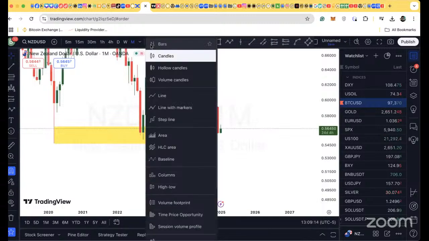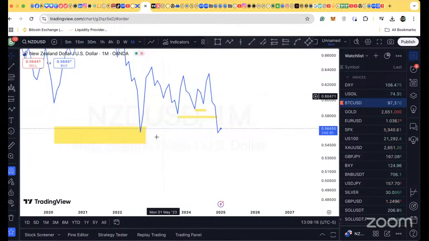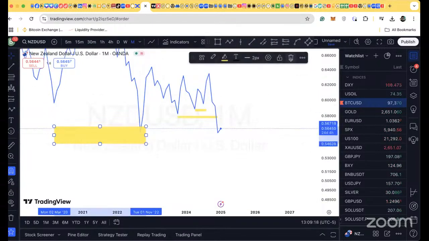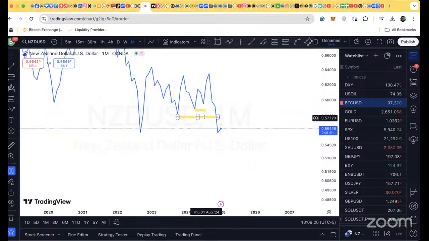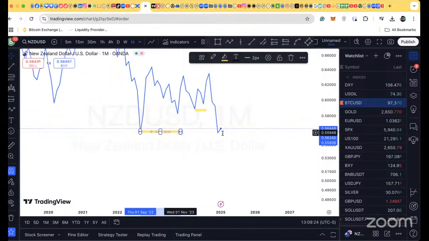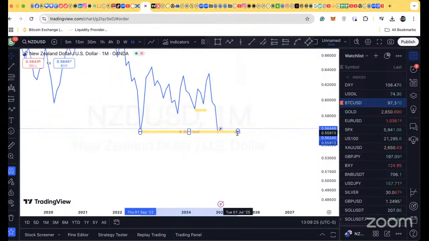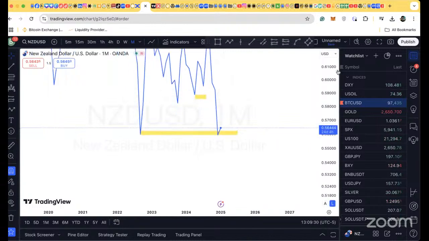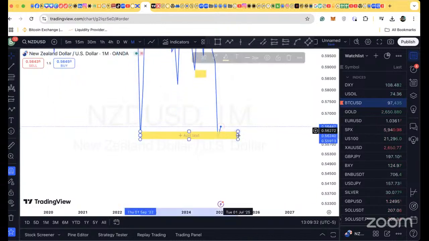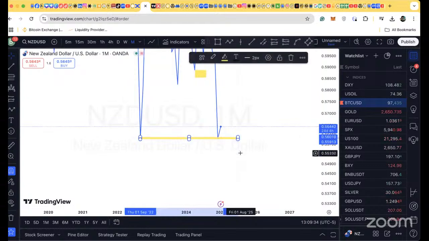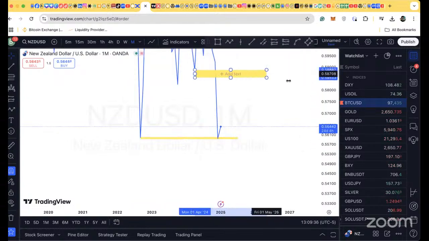Yes. Yeah, like this. So what I did yesterday was to mark this point. And we zoom in, we'll be able to zone it properly.